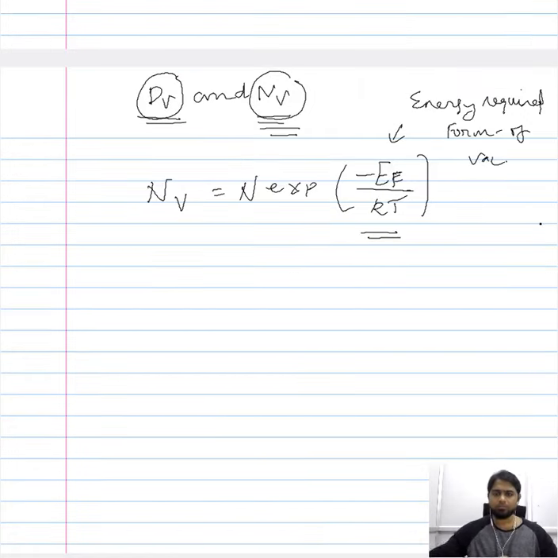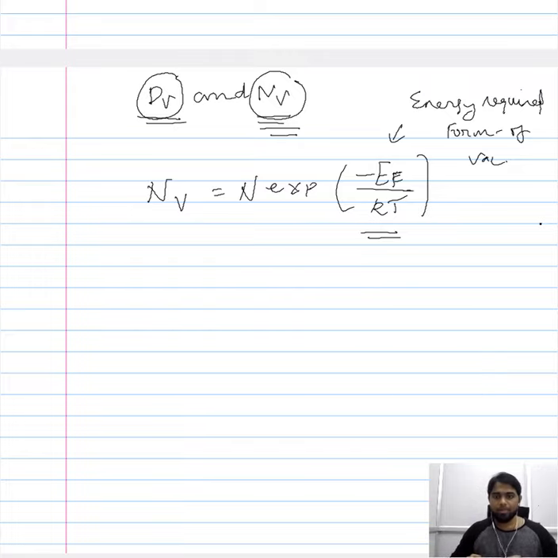Therefore, with increase in temperature, the number of vacancies increases either just through the thermal energy or by reducing the energy required for the formation of vacancies. So there are two possibilities to that.